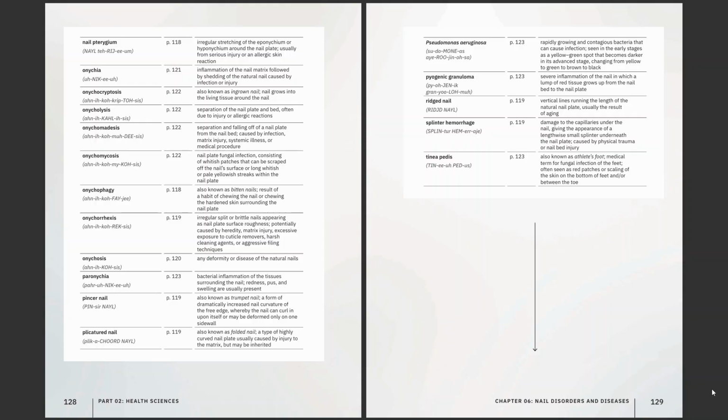Splinter hemorrhage: damage to the capillaries under the nail, giving the appearance of a lengthwise small splinter under the nail plate, caused by physical trauma or nail bed injury. Tinea pedis, also known as athlete's foot: medical term for a fungal infection of the feet, often seen as red patches or scaling of the skin on the bottom of feet and or between the toes.